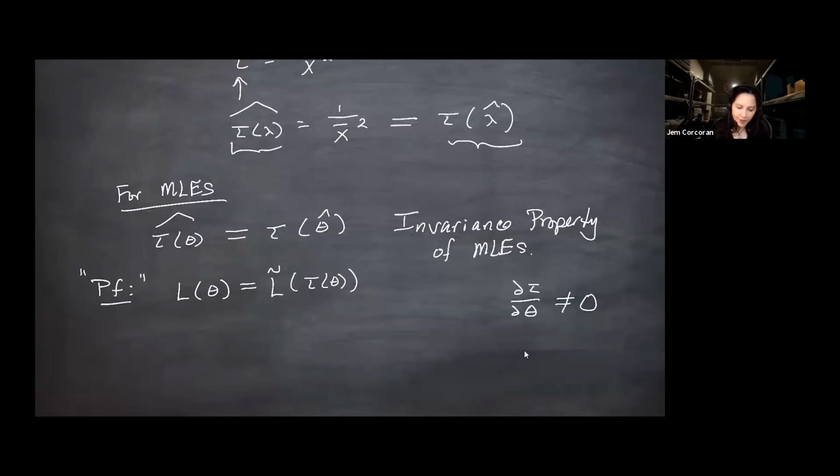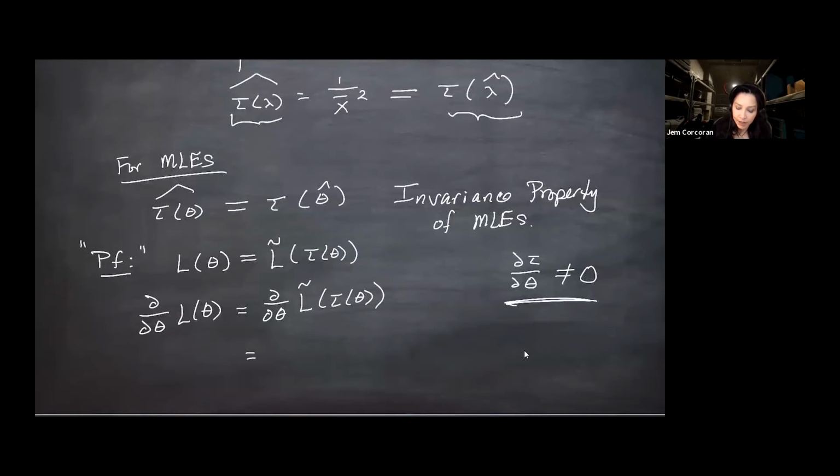If you take the derivative of the left side with respect to theta, that's the same as taking the derivative of the right side. So we need this to be true, and we need tau to be differentiable because we can chain rule this by saying this is the derivative with respect to tau of L tilde, tau of theta, and then the inside derivative, the derivative with respect to theta of tau of theta.